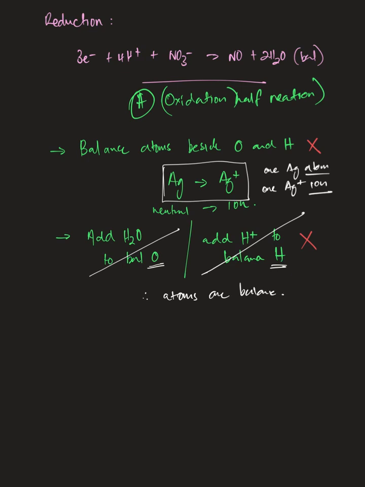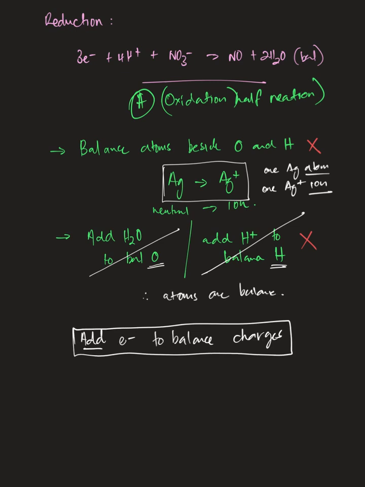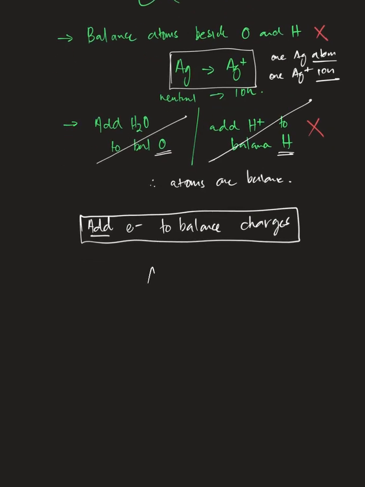Now let's look at the charges. Remember, we add electrons to balance charges. That's what we're looking at now. So I've got Ag and I've got Ag plus.